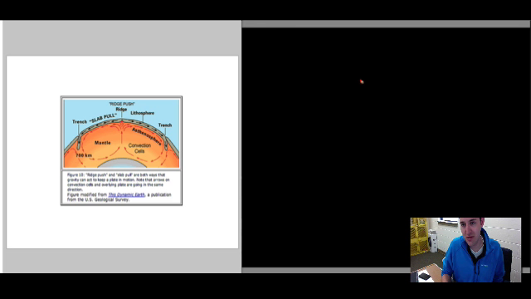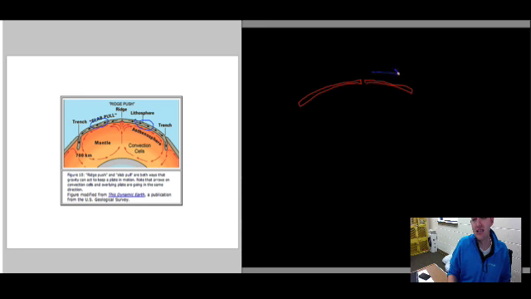Alright, so I'm going to kind of replicate this example with divergent boundaries. Okay, so if we've got two plates here and we're watching them and they're pushing apart, they're going to be moving away from each other.